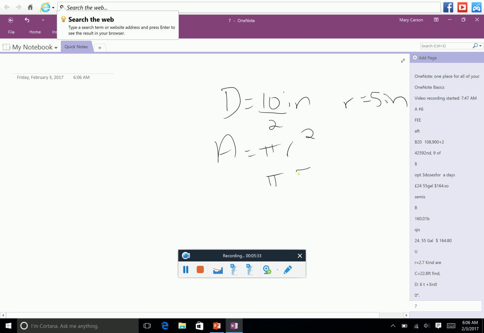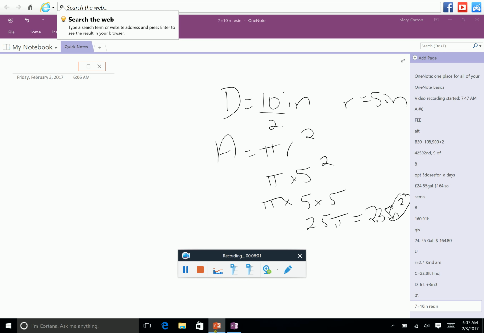So this would be 5 squared. 5 squared just means 5 times 5. And that would be 25 times pi. And that's going to be equal to 2.35 inches squared.